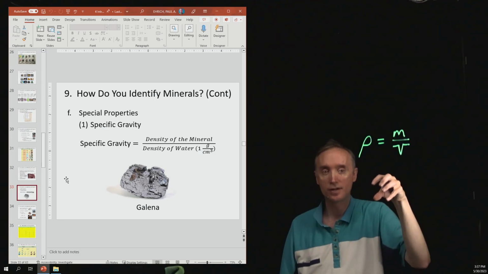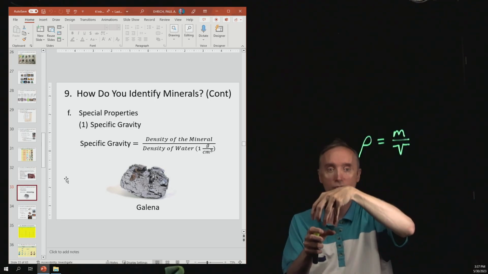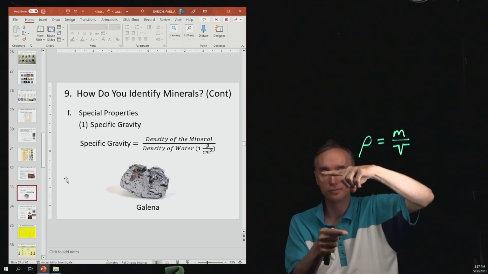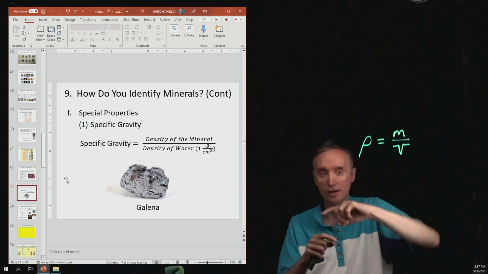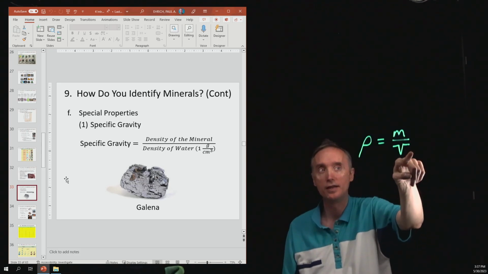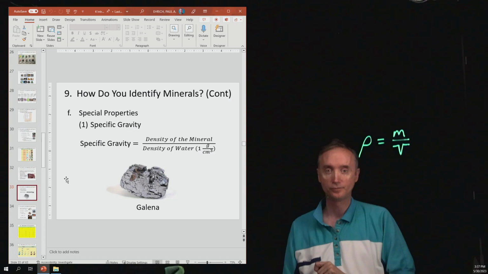Okay, then take the rock and you put it into a glass of water, and you observe how much the water rises. And so you measure that amount of water that rose, and that's going to be the volume, and then you divide the two, and that would be the density of the rock.